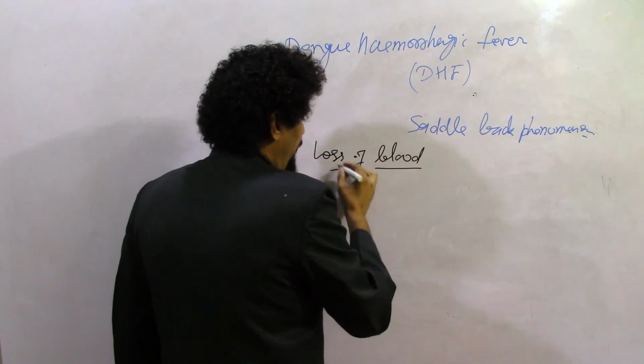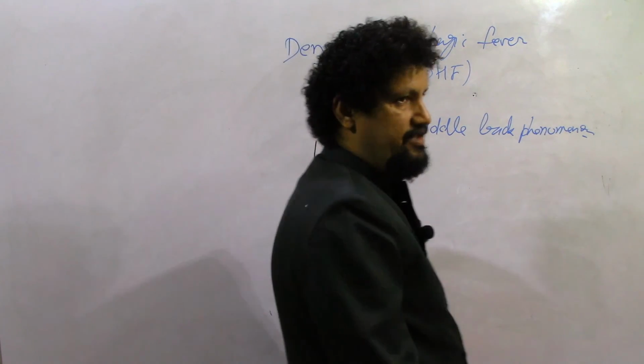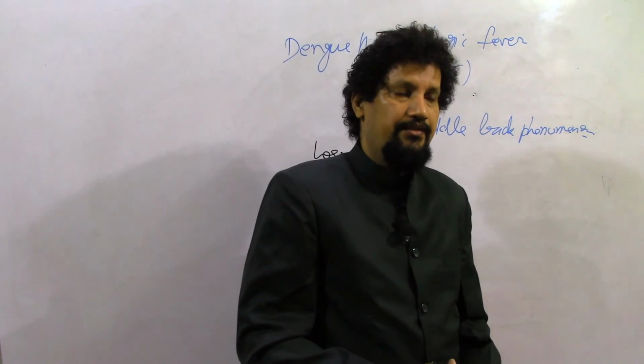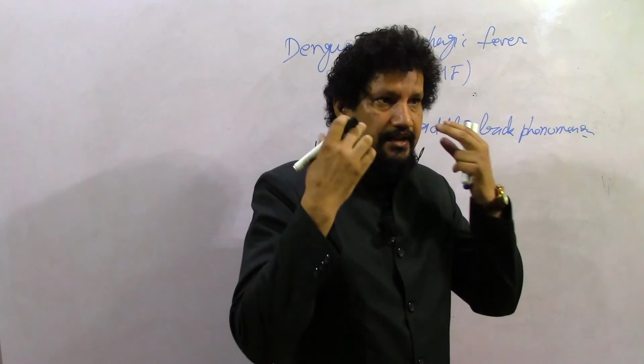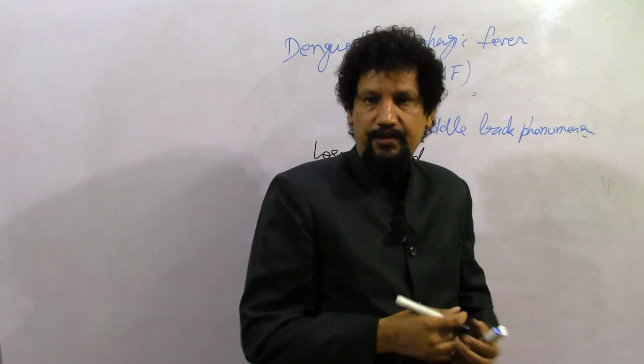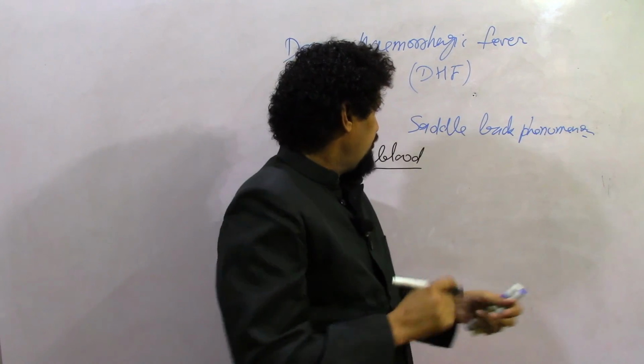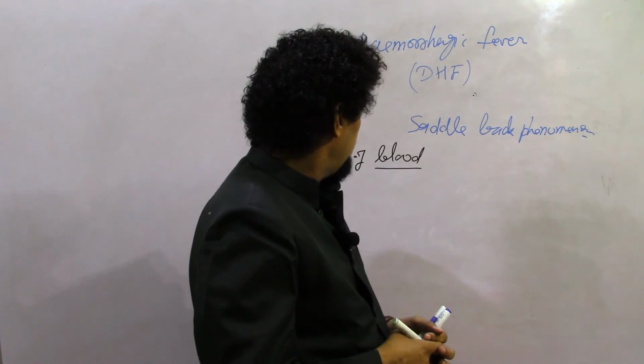It may be in form of hematuria, in form of GIT bleeding, it may be in form of subconjunctival hemorrhage, or it may be in type of subcutaneous hemorrhage, or it may be in form of menorrhagia in young and adult females.